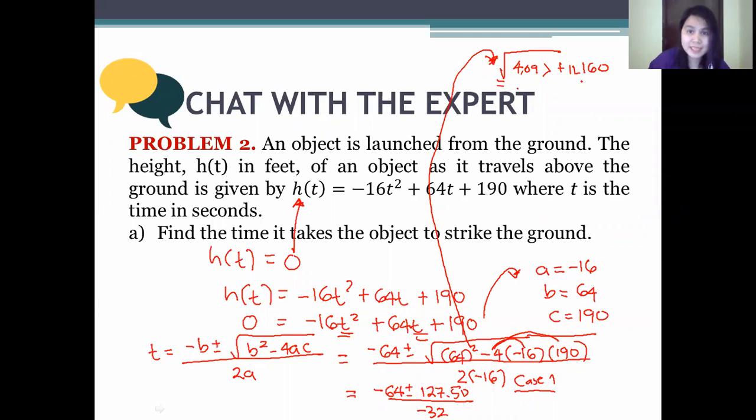Now the one inside, if you add them, will be 16,256. We are now getting bigger, so you can use your calculators to solve for the square root of 16,256. The answer will be 127.50. Any other questions, AP?